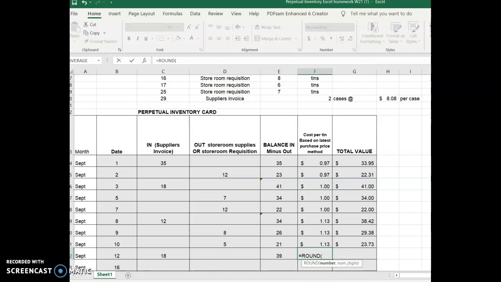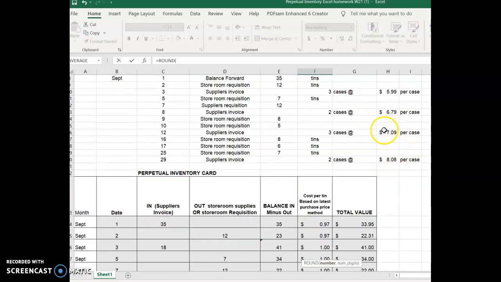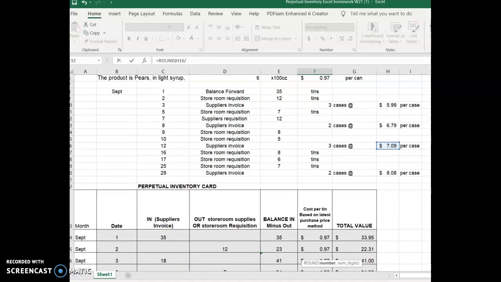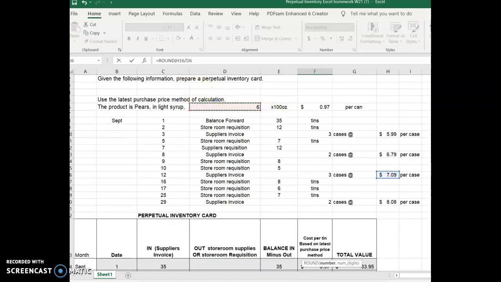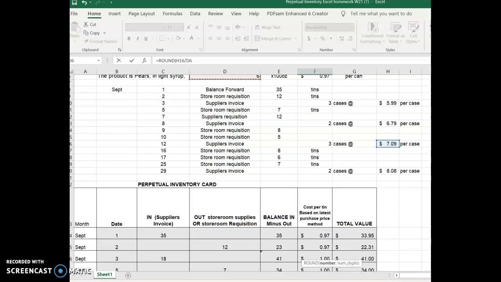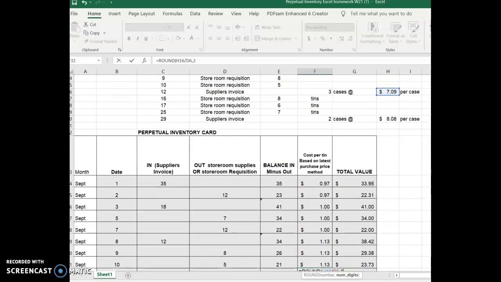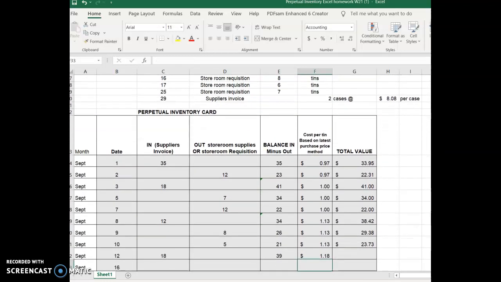And then we have a new cost, which is $7.09 divided by 6 to get our cost per tin, always to 2 decimals, close bracket, and then a value of $1.18. And again, we had to multiply our balance by our new cost per tin to get 46.02.